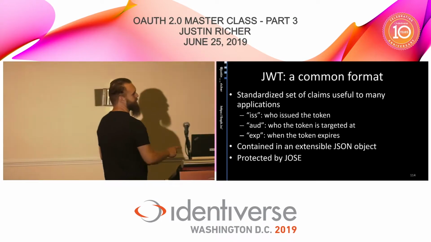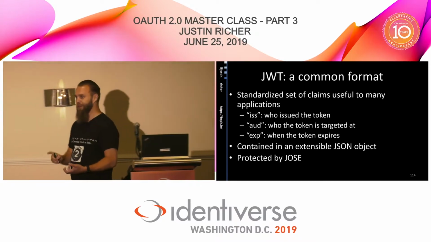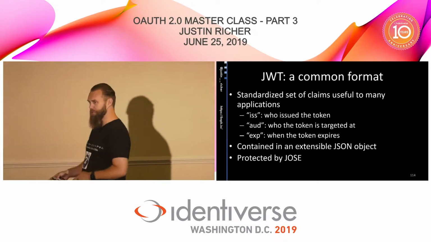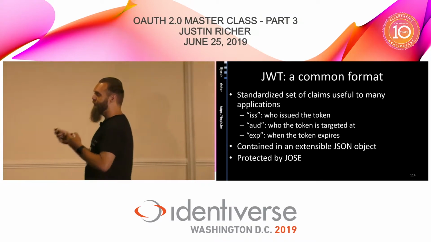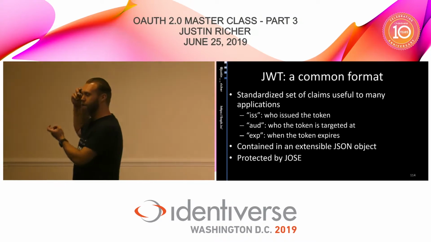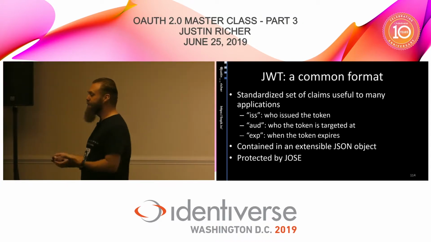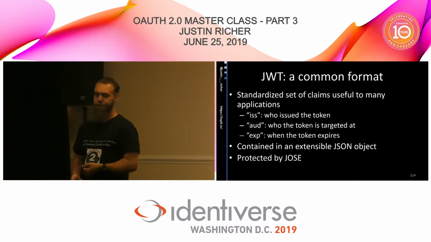So the ultimate destination of that token, and therefore the audience of that token, is in fact the resource server. Because it's the resource server or protected resource that needs to know what that token is good for. The client never needs to look inside the token itself.